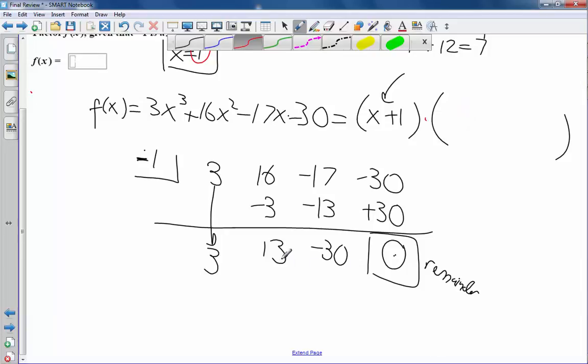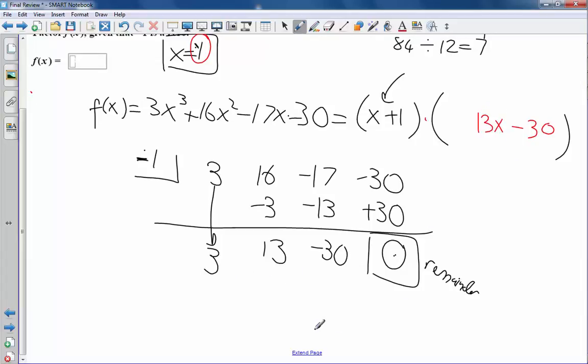Is that how you write it? 3x squared. Yes. You start with the constant actually, from tail to head, and then you put x each time. 13x, and you put one more x, that's 3x squared. This is positive, so we add. This is negative, so we subtract.